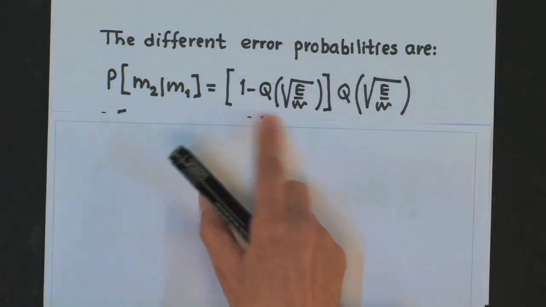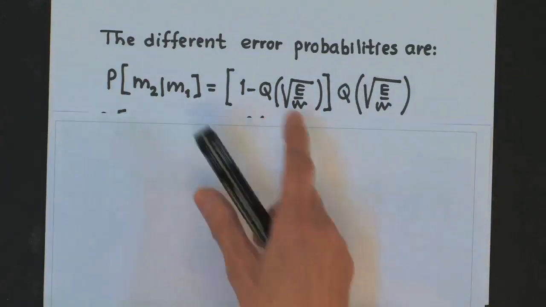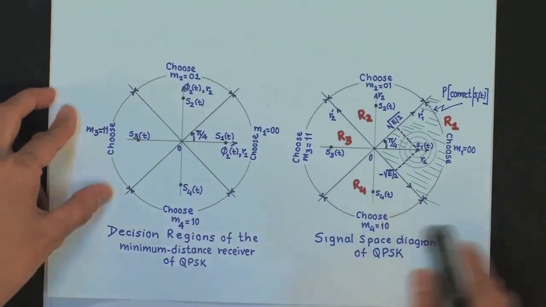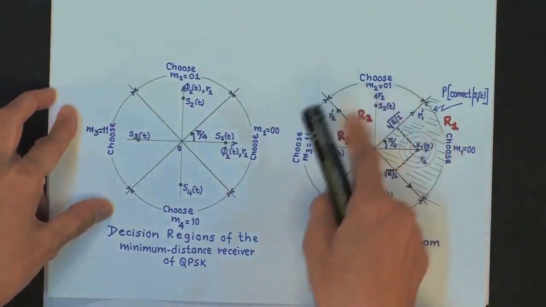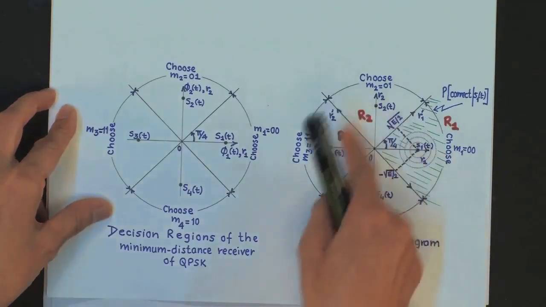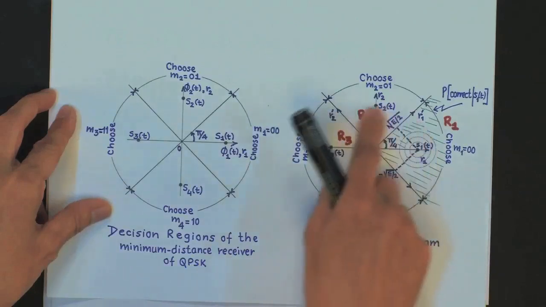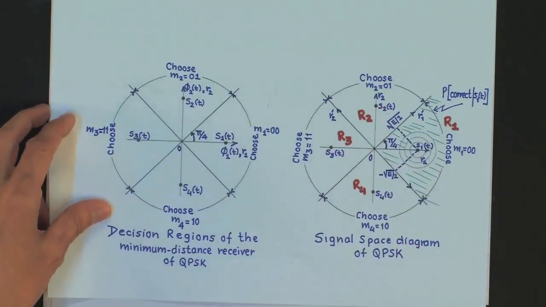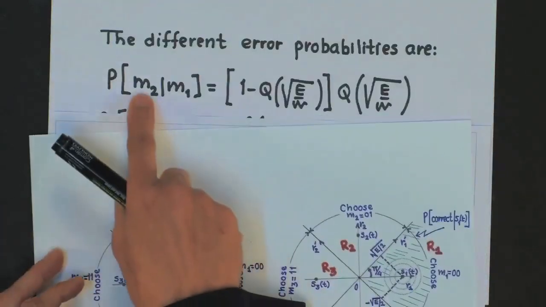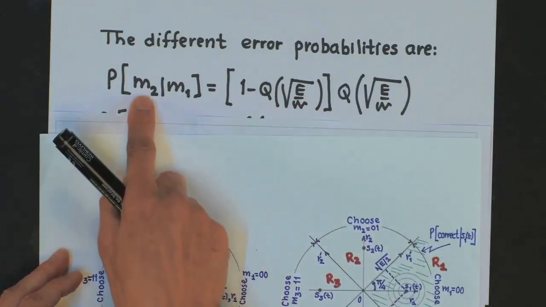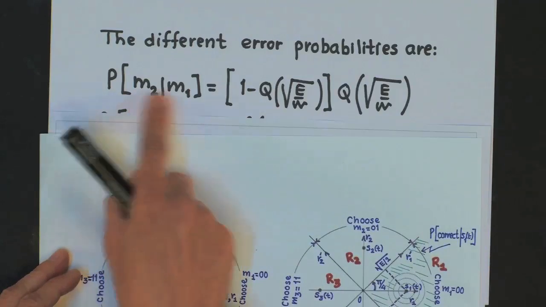The calculation of these probabilities is very clear if you look at the signal constellation diagram which we had studied in the previous class. So, from looking at the signal constellation diagram, we can immediately write this probability of decoding as M2 given M1.